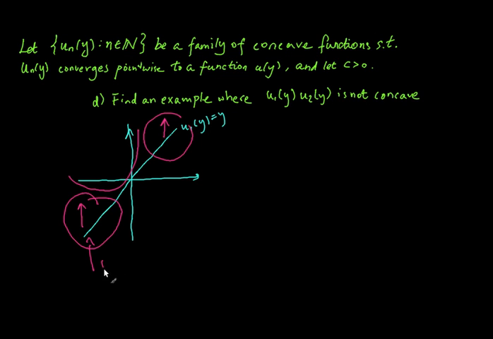So I want to multiply this with something that is negative, because something negative times something negative becomes positive, so then it will come up here. And we want this to be multiplied with a positive number.